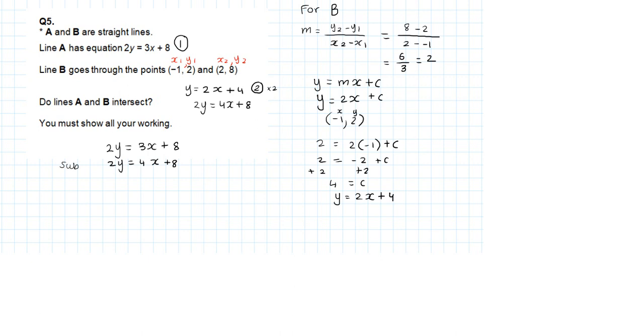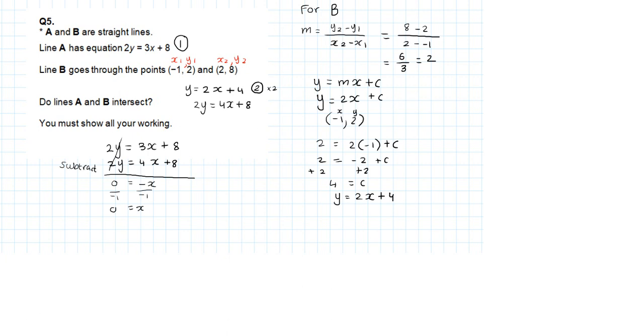Subtract, so the two y's cancel out to give you 0. 3x subtract 4x is minus x. 8 minus 8 is 0. So minus x is 0. Divide both sides by minus 1. So x is equal to 0.